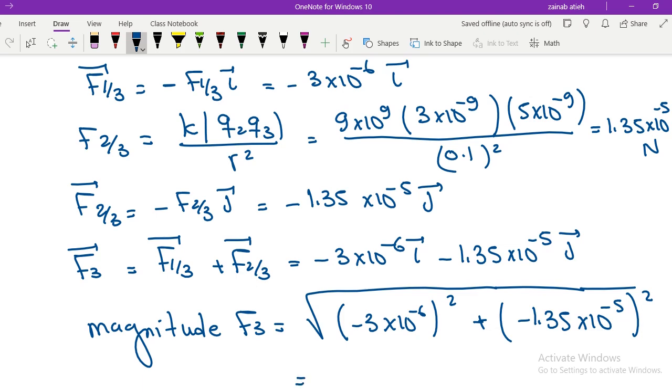Calculating this, I will get 1.38 times 10 to the power minus 5 Newton. So this is the magnitude of the resultant force.